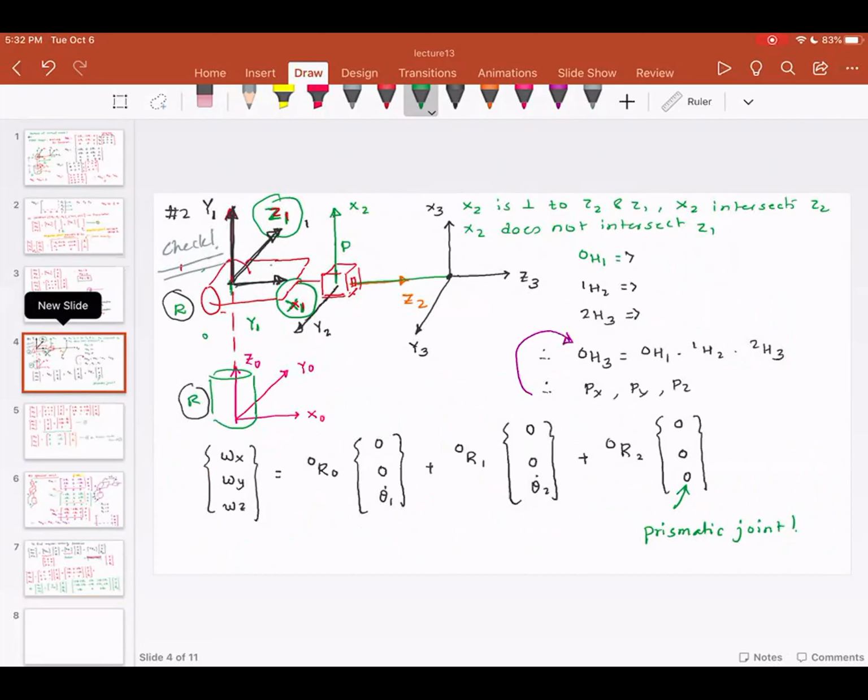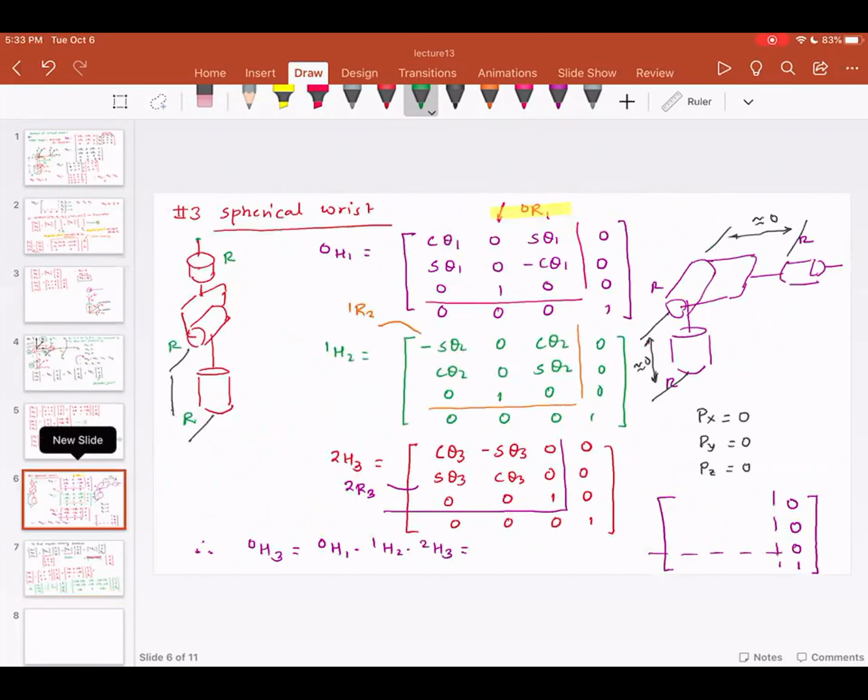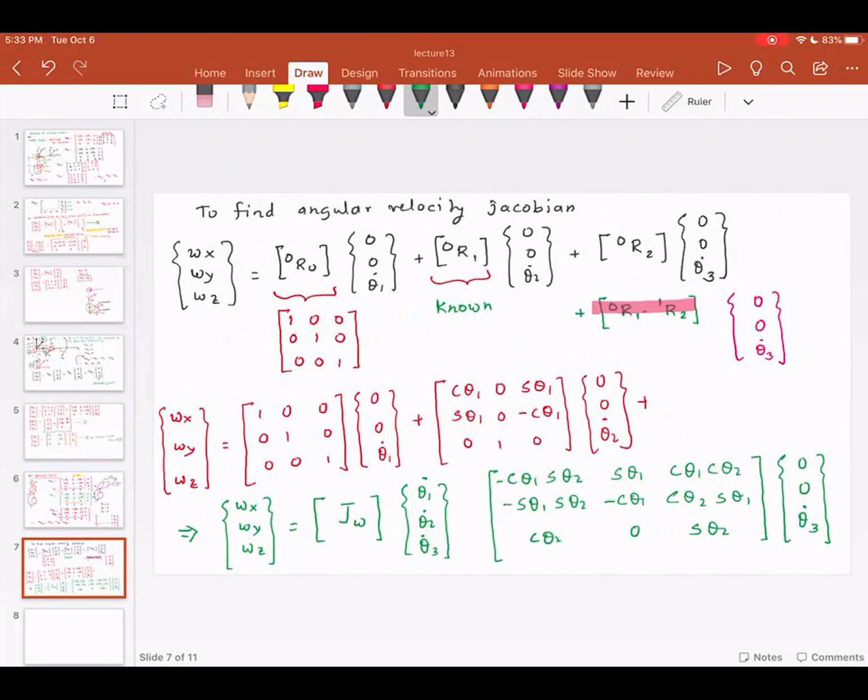It's possible that I might have made a mistake, but the idea is once you have the forward kinematics, you can actually grab the values of px, py, pz and find the Jacobian. And I want to emphasize in this particular lesson on finding the angular velocity Jacobian, you will have to find the rotation matrices with respect to the 0th frame.